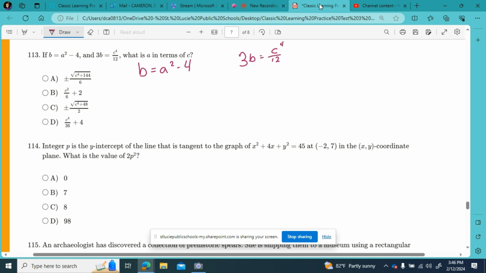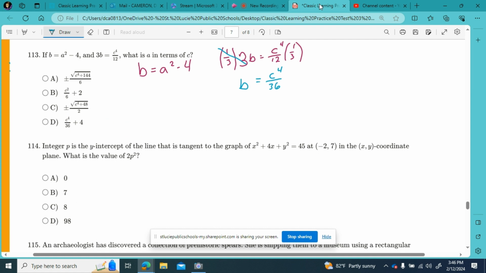And I want to get rid of this 3. I could divide both sides by 3, or dividing by 3 is the same thing as multiplying both sides by 1/3. That'll make those 3's cancel out like I want. So b equals c to the power of 4 over 12 times 3 is 36, right?